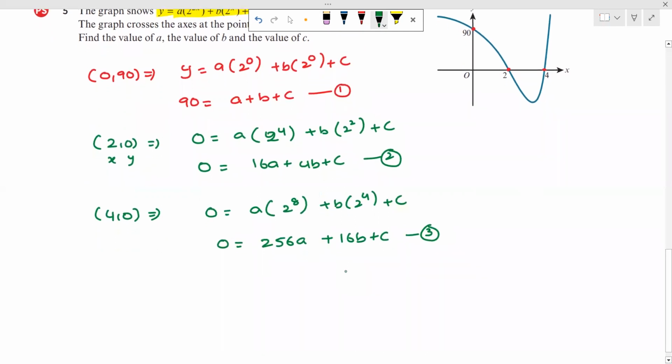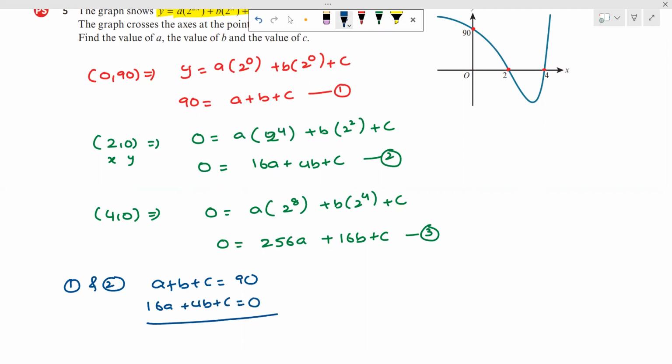First, I am eliminating c from all the equations. From equation 1, a plus b plus c equals 90, and equation 2, 16a plus 4b plus c equals 0. Subtract: plus c minus c gets cancelled.